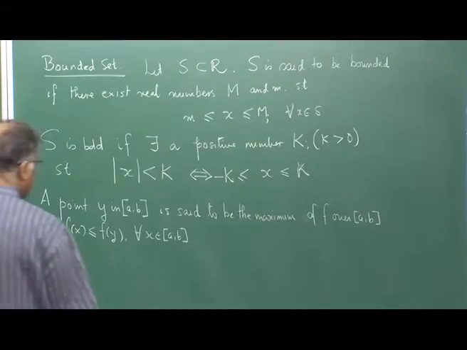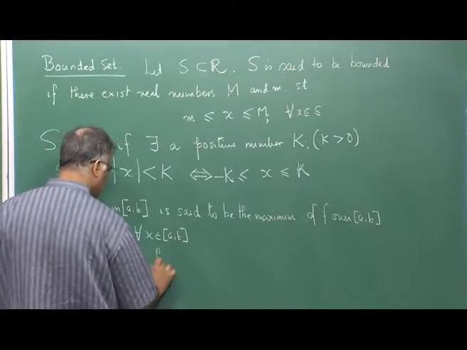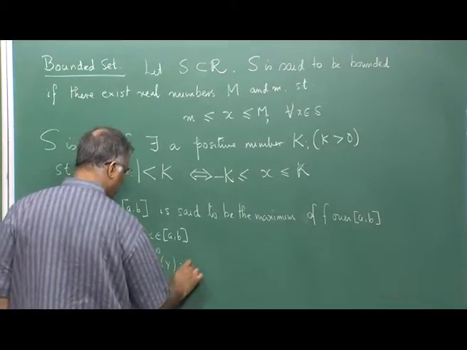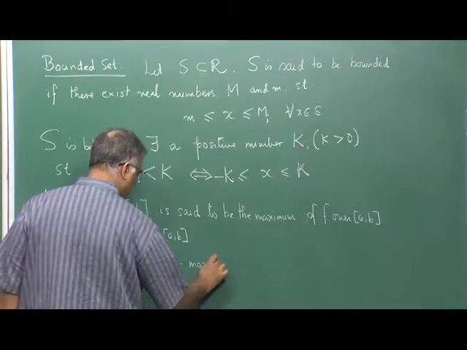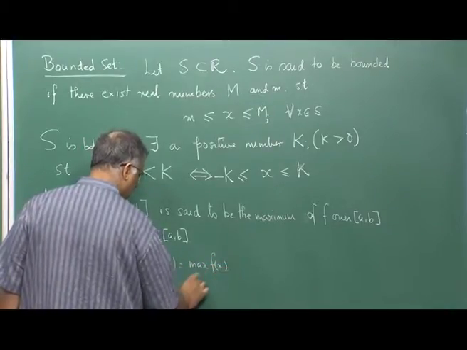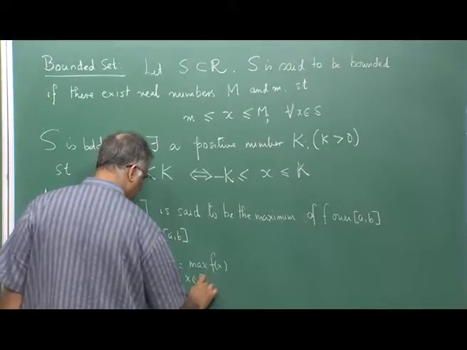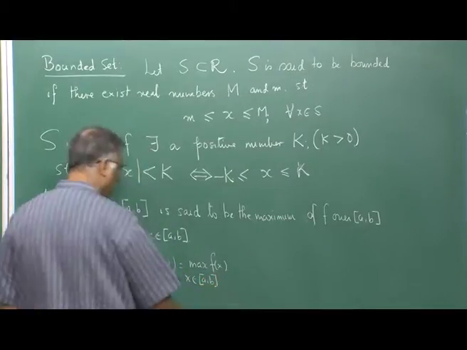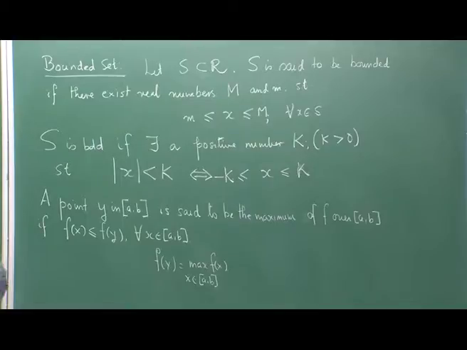Sometimes we write this as f of y is equal to the max of f of x, x an element of [a, b]. This is another notational way of writing what we have just written down. So, that goes for the maximum.